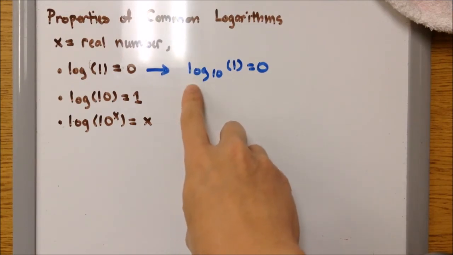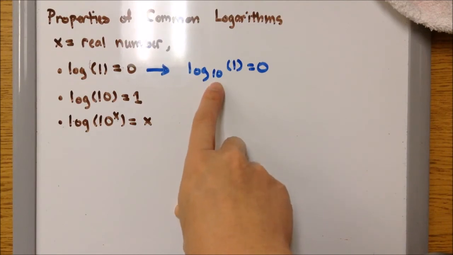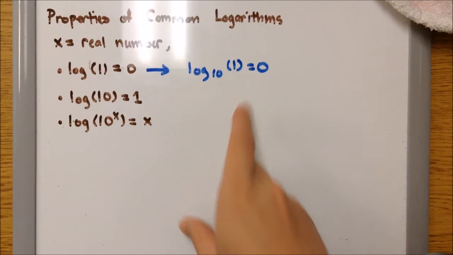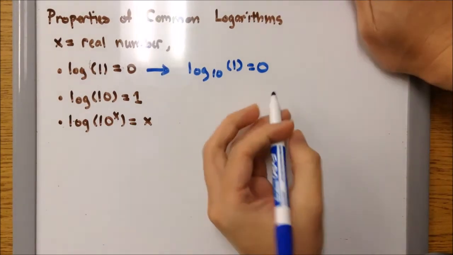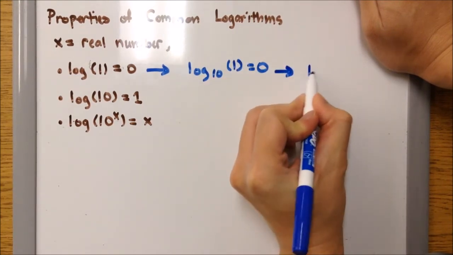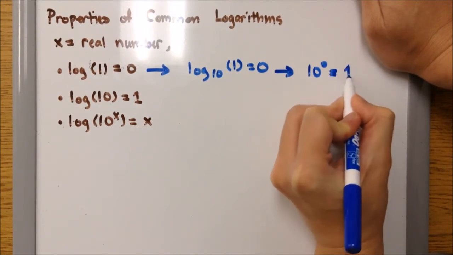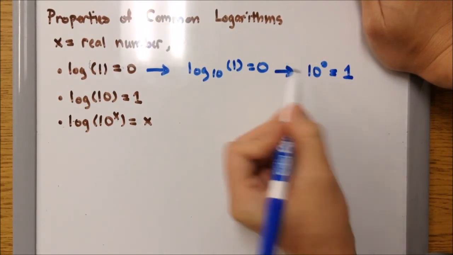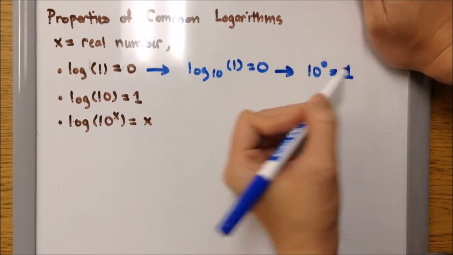So when you have just log, then it's an invisible 10. So it's log base 10 of 1 equals 0. And just like the other properties discussed before, if I rewrite it in exponential form, 10 to the 0 power equals 1. So any number to the power of 0 equals 1.